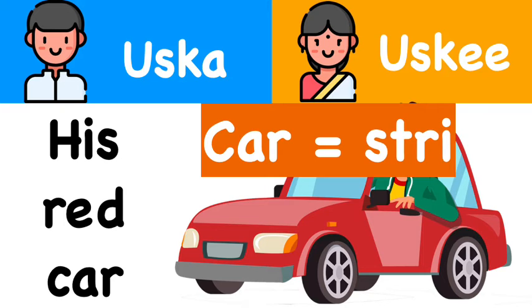So whether you're talking about a red gadi or a red bandar or anything other red, it's always going to be lal. Lal kanta, lal gadi, lal sari. It's always going to be lal.